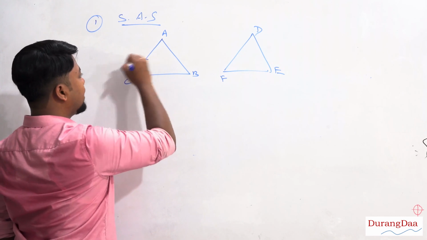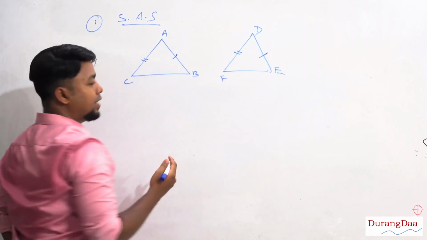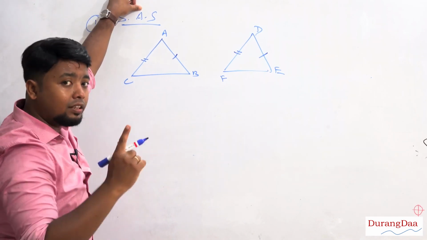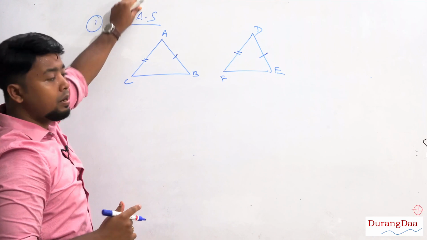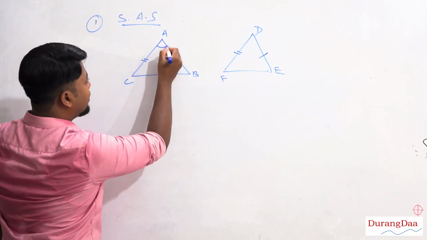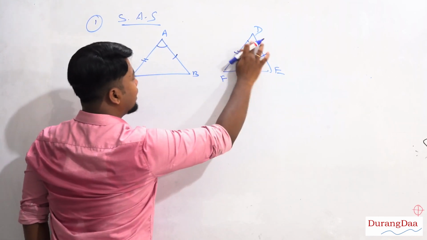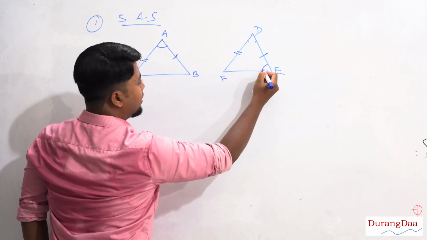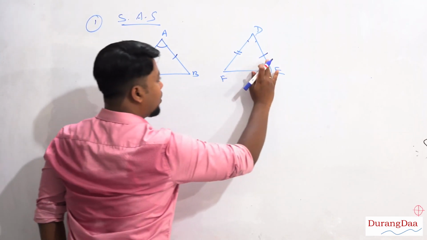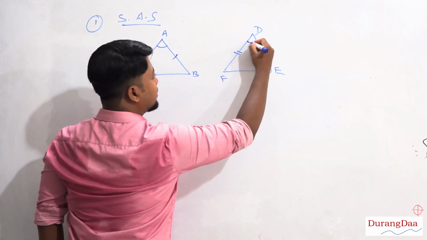Suppose this side is equal to this side and this side is equal to this side. Two sides are equal, plus one angle also has to be equal, and that angle, this is important, has to be between the two sides, all right. That means this angle should be equal to this, all right. If the situation was angle A was equal to angle E, then we cannot prove it by side angle side. Is that clear? So, it is important that the angle should be between the corresponding sides, all right.